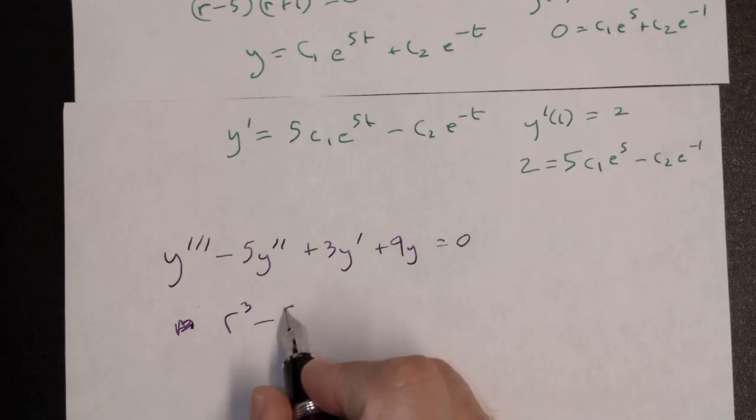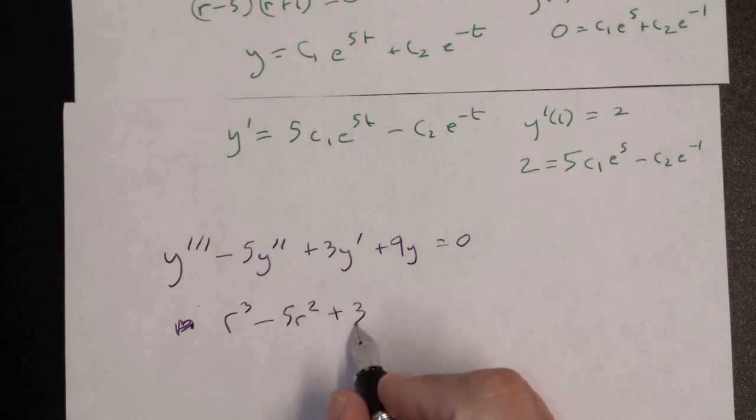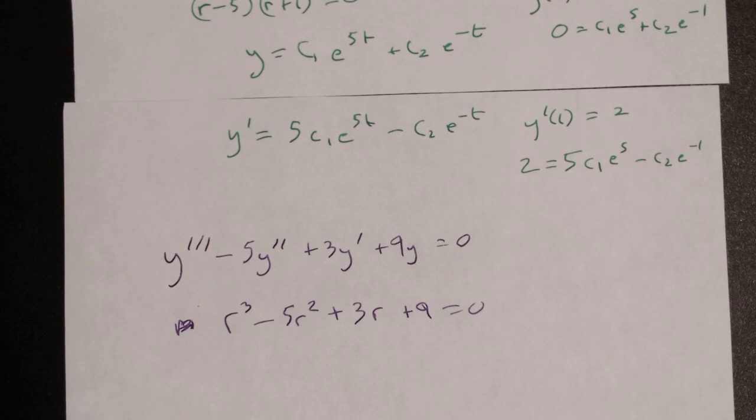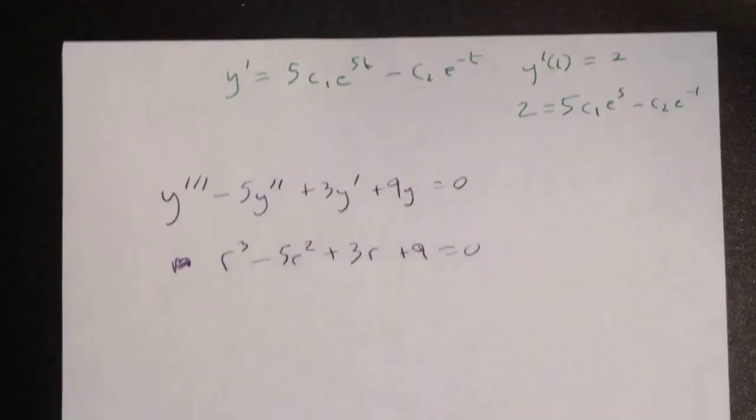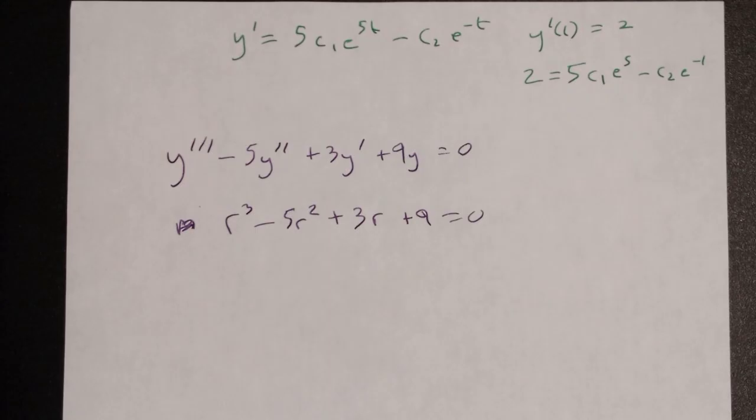R cubed minus 5r squared plus 3r plus 9 equals 0. I have not got the foggiest idea how to factor that. So how do I find out where that's equal to 0? Graph it. Use the x-intercepts. Plug it into Wolfram Alpha. Tell me where it's equal to 0.